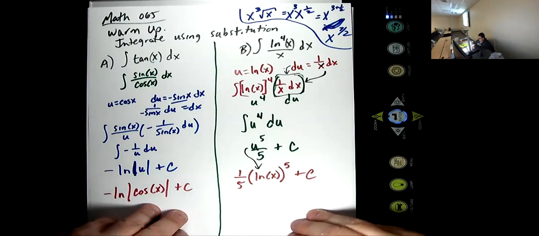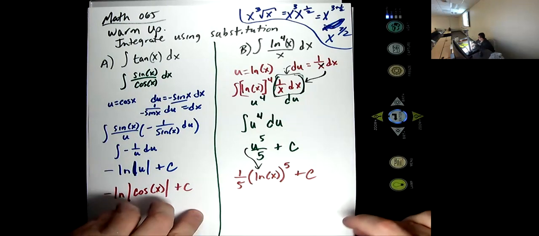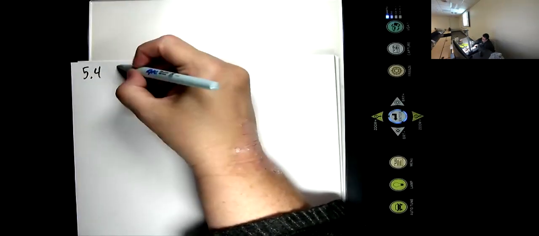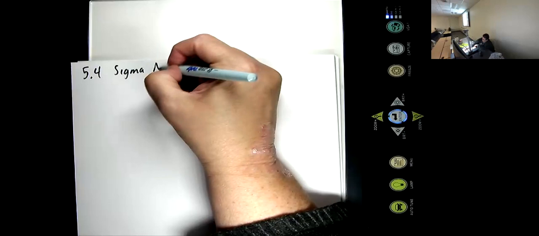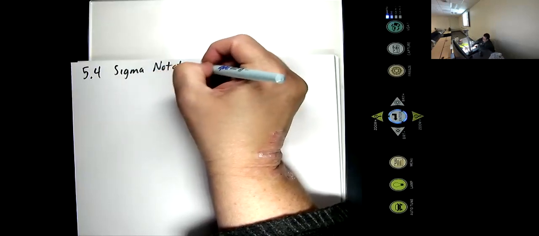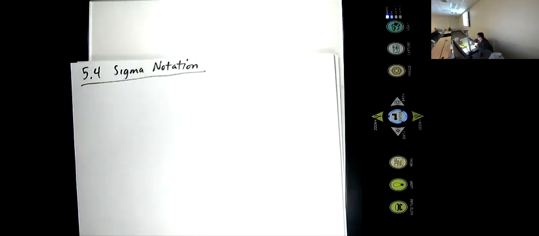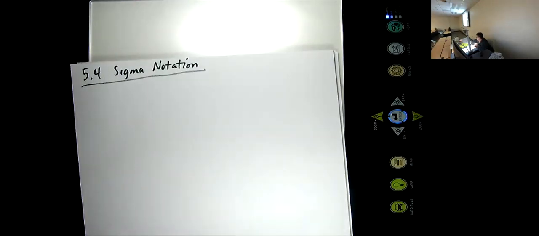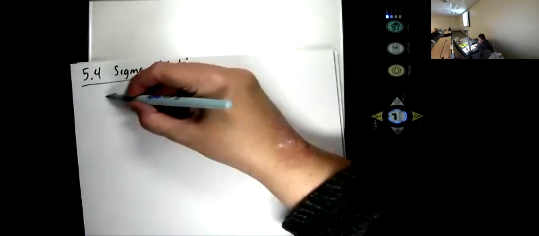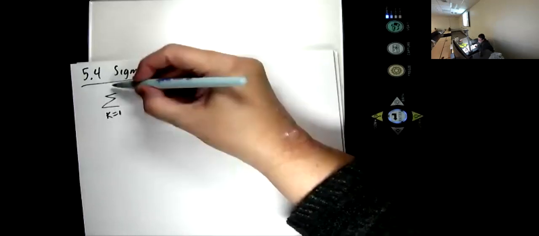All right, let's take a look at chapter 5.4. 5.4 is on sigma notation. So we could have sigma k equals 1 to 4 of k squared.